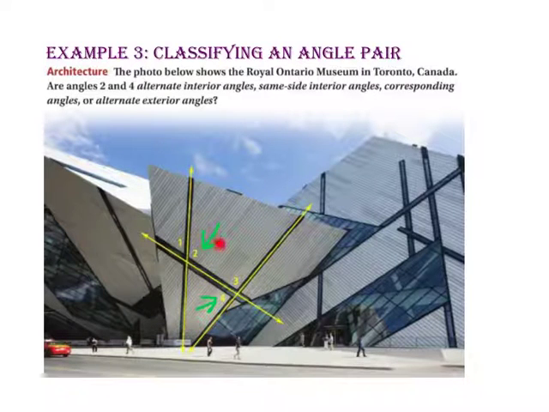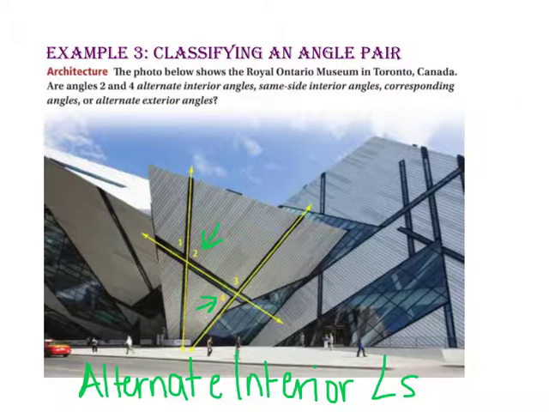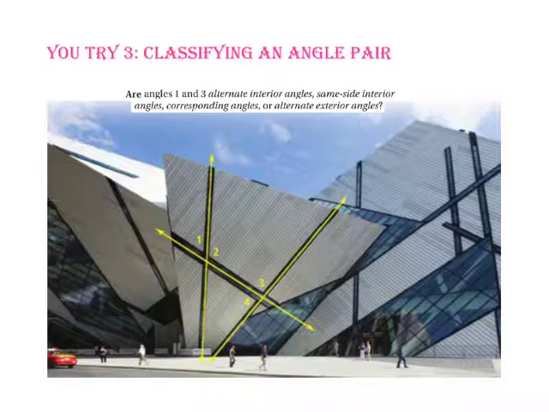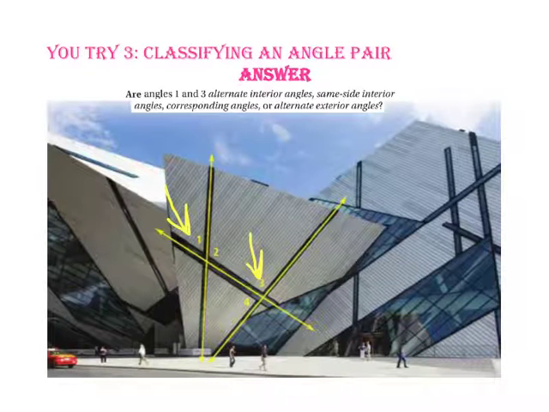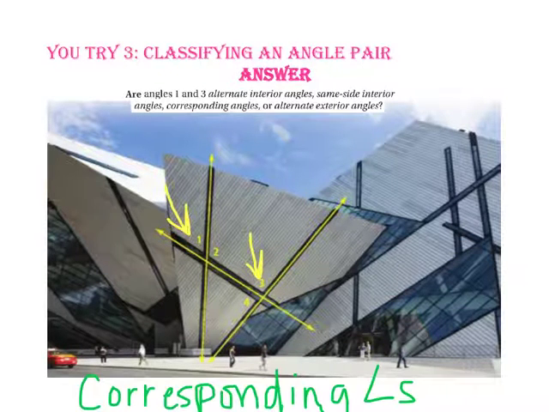Since they are on alternate or opposite sides of the transversal, we know they are alternate interior angles. Pause the video and classify angles 1 and 3. Since angle 1 is above the transversal to the left of the line, and angle 3 is also above the transversal and to the left of this line, angles 1 and 3 are corresponding angles.